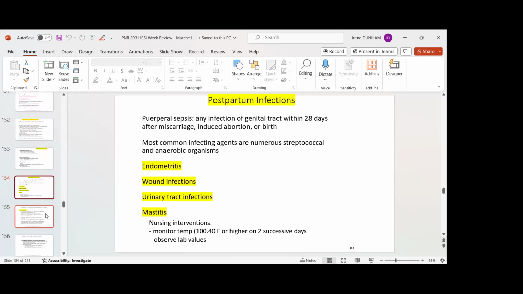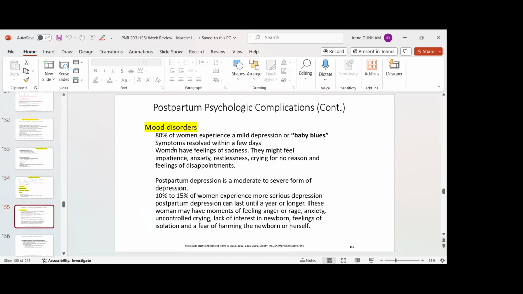These are all different postpartum infections. Mood disorders. We talked about this, where you have mild depression or baby blues. About 80% of women experience that. It's simply a feeling of sadness. They may feel impatient, anxious, restless, crying for no reason, and a feeling of disappointment.